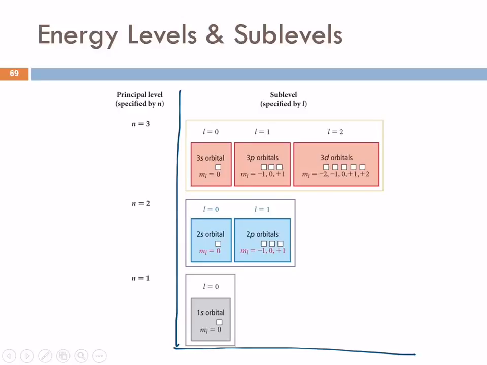Okay, so imagine that this is a hotel. It's kind of a weird hotel. This is the first floor, the second floor, the third floor. This is a room, and here we've got 2 rooms, and here we've got 3 rooms. These little boxes are beds.